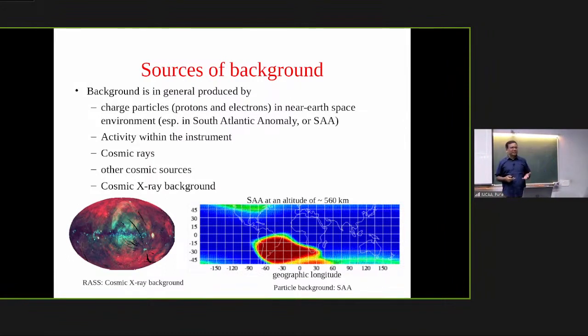In fact, many of the satellites and their instruments switch off when they are passing through the South Atlantic anomaly, because otherwise they can have high voltage, and the charged particles interacting with these things can destroy the entire thing as well. So many of the instruments actually switch off, but because of the high concentration of charged particles, X-rays can be generated from the background. So the background comes from within.